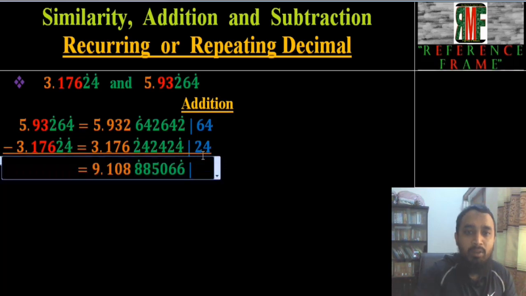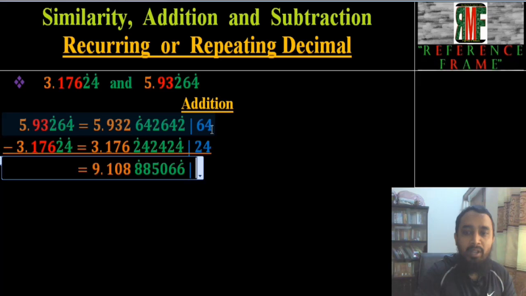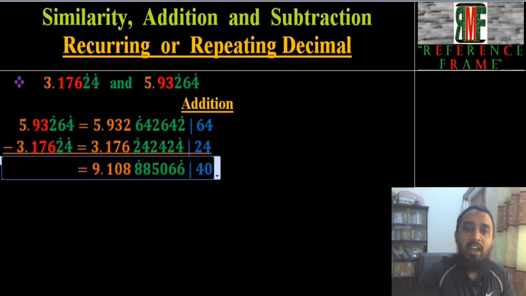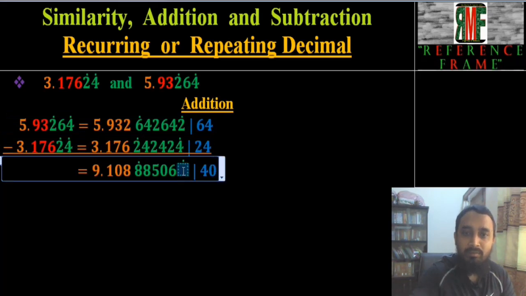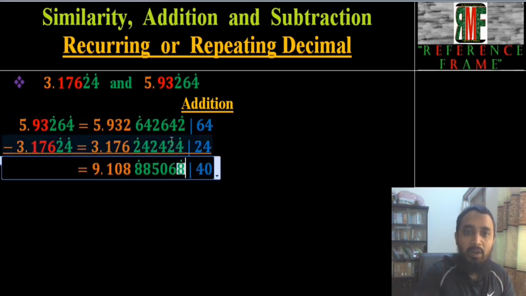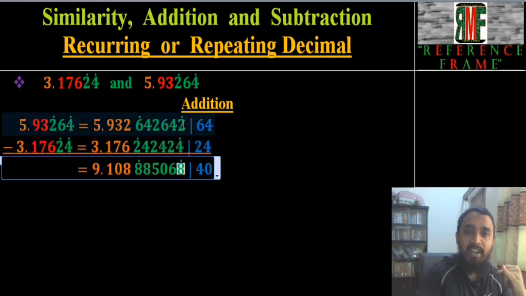Now look, 4 from 4 becomes 0, and then 2 from 6 becomes 4. So again we have no carry here. Now 4 from 12, we need 8. Now we have a carry 1 because to make 4 into 12 we need a 10, so we have a carry 1 here.